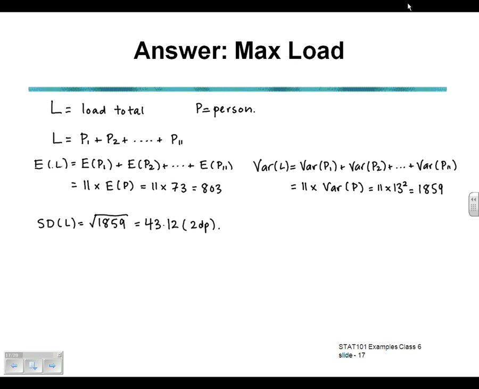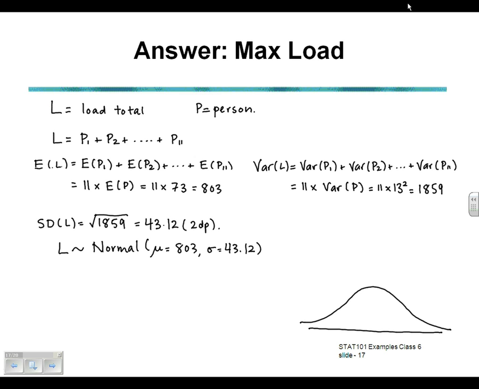So now we can look at this distribution for the load, and we can consider the fact that if each of the people is a normal random variable, then the load is also a normal random variable, and it has parameters of 803 for the mean and 43.12 to 2 decimal places for the standard deviation.